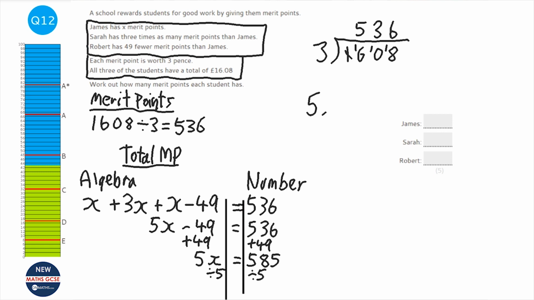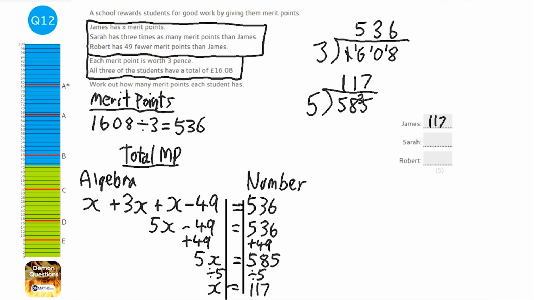So how many 5's in 5, 8, 5? 1 goes into 5, 1 goes into 8 but I carry 3, and 7 go into 35. So x equals 117. Now James has x, so it's going to be 117 for him.